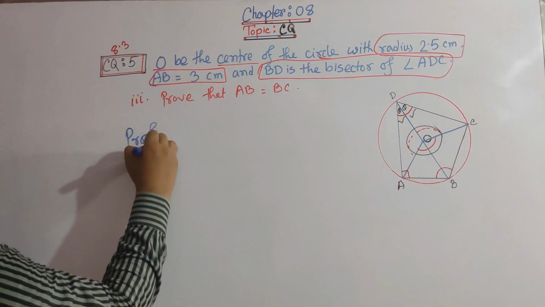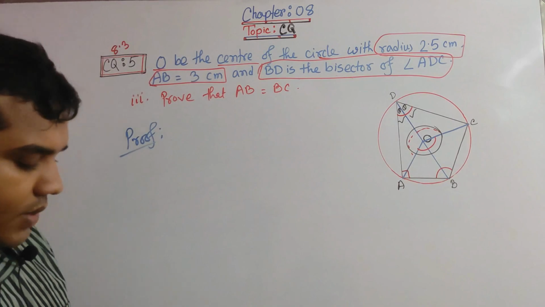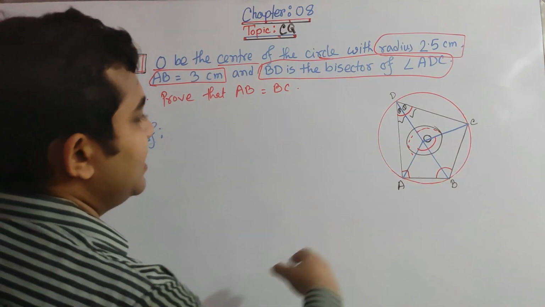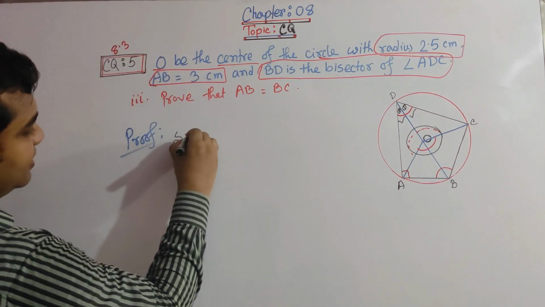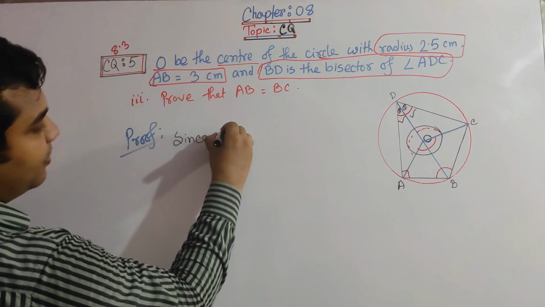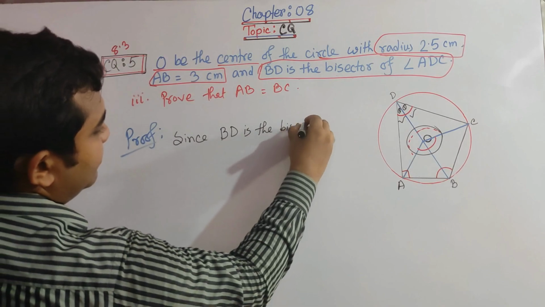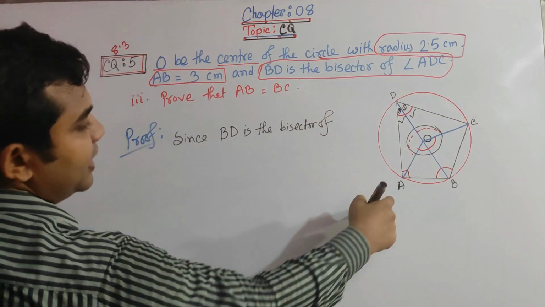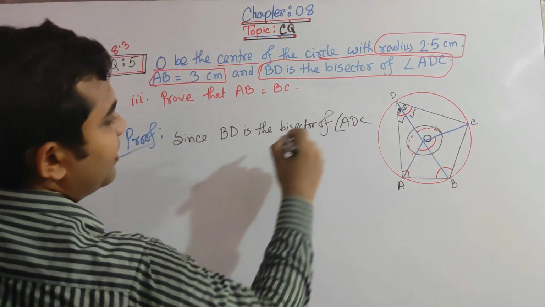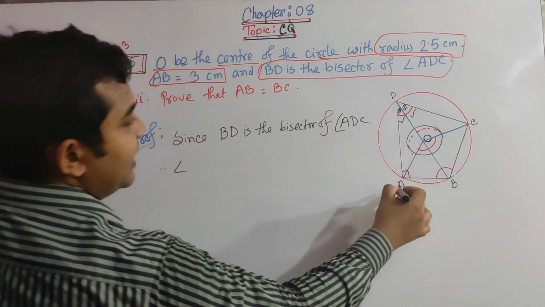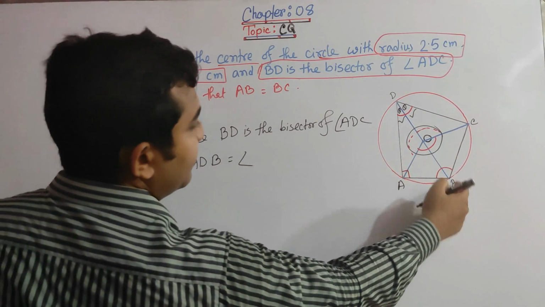Since BD is the bisector of angle ADC, we can say that angle ADB is equal to angle BDC.